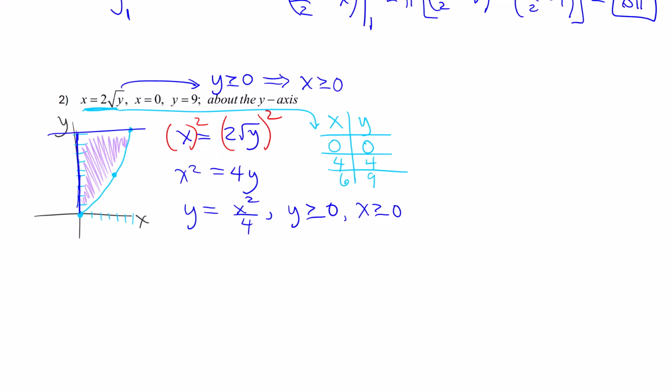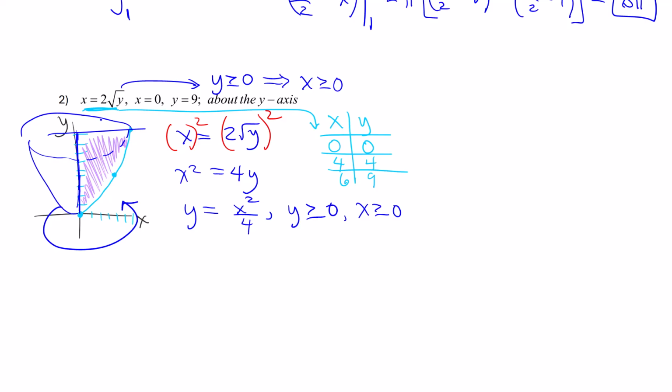Now, we're supposed to rotate this about the y-axis, which means, imagine this object now spinning around the y-axis to create a three-dimensional object. As it does, it would whip all the way around and create this round-looking object. That's the three-dimensional solid we're trying to use here.